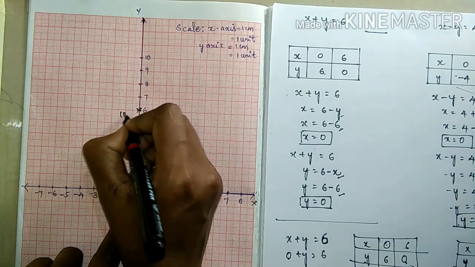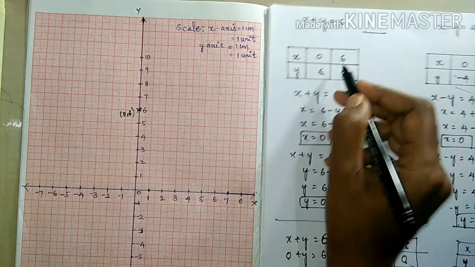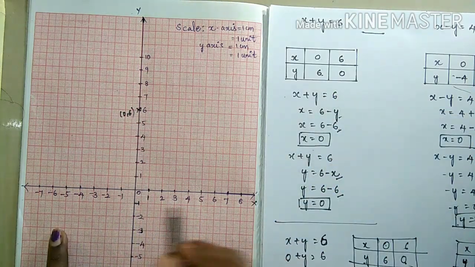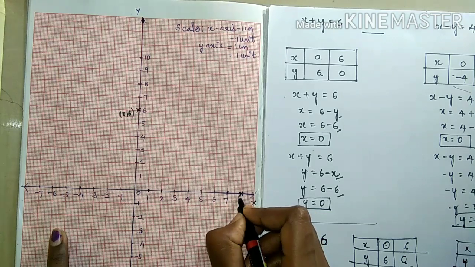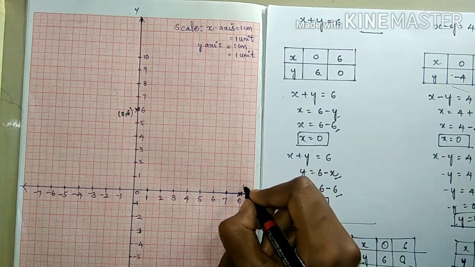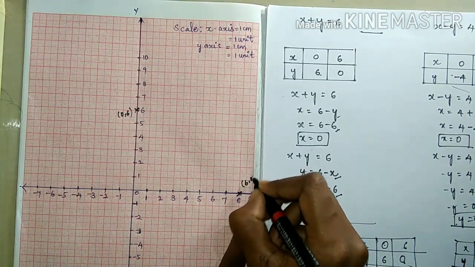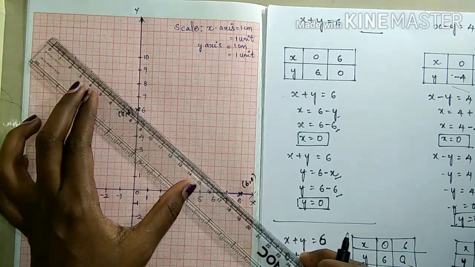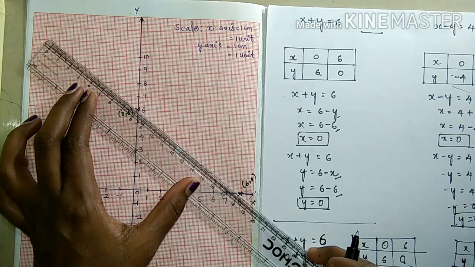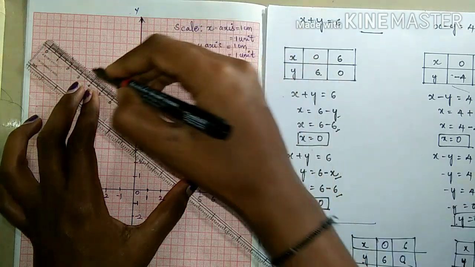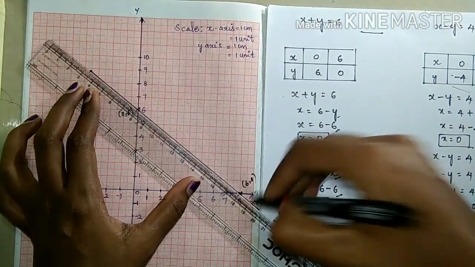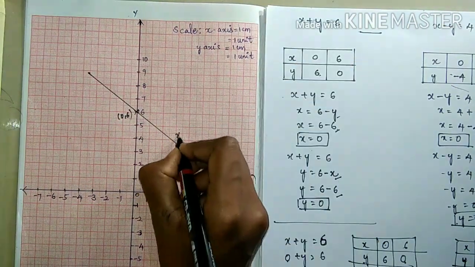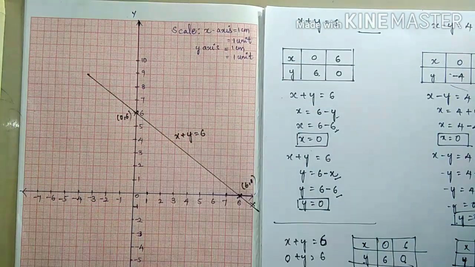This is 0, 6. And the second point is 6, 0, that is, on the x-axis we have to see 6. 6, 0 means on the x-axis you will get the point. Now join the points. After joining the points, you will get the required line, that is x plus y is equal to 6.